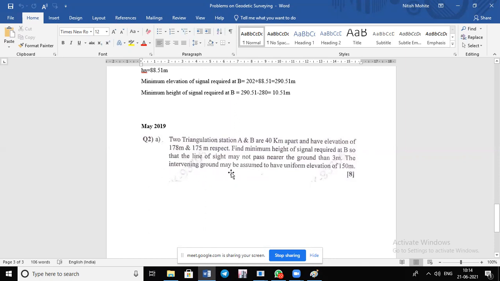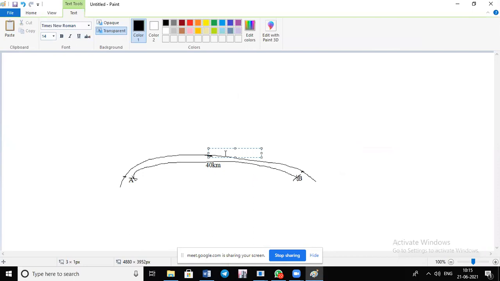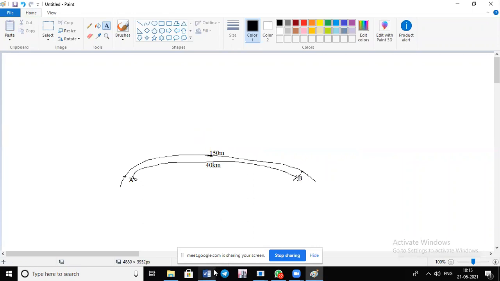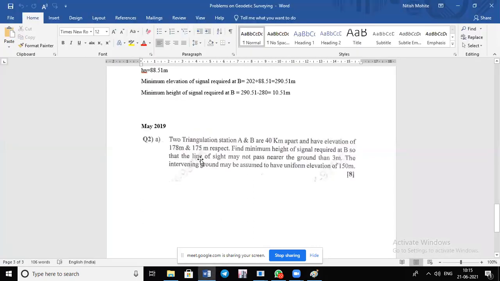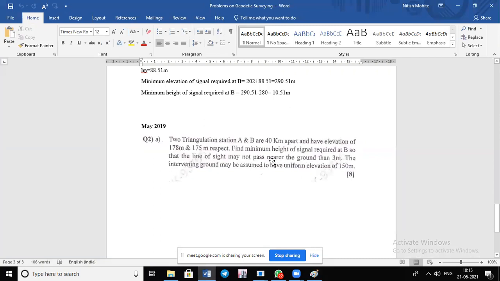The intervening ground may be assumed to have a uniform elevation of 150 meter, so write it down here, 150 meter. The line of sight between triangulation stations A and B should not touch this ground, and it should be at least 3 meter above that.